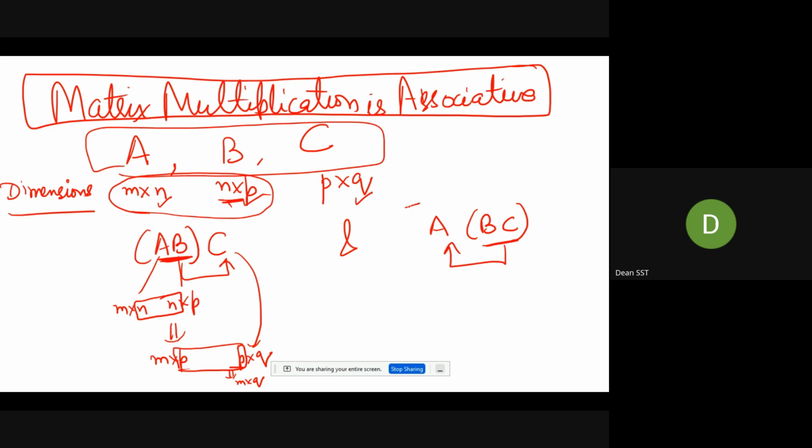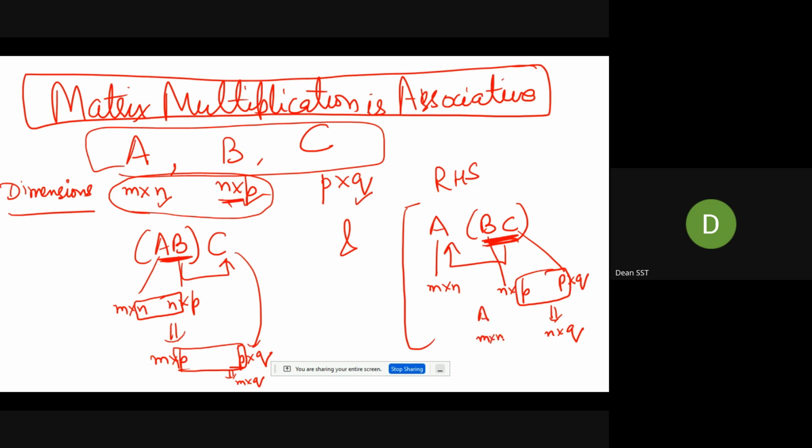Now let us move to the right hand side. Dimension of A is m into n, B is n into p, and C is p into q. When we multiply B and C, p and p, what do we get? n into q. Now when we multiply A with this resultant, m and q, we can multiply. So this is associative.